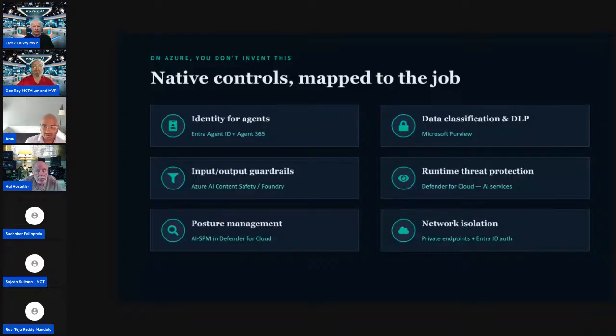So all those visibility is through Agent 365 today. And data classification as well. You can tell which agent identity should access what type of data. So that's possible today with Microsoft Purview. And then input output guardrails, as I said, the AI content safety, Foundry. So all those controls or guardrails are defined using the native controls today.